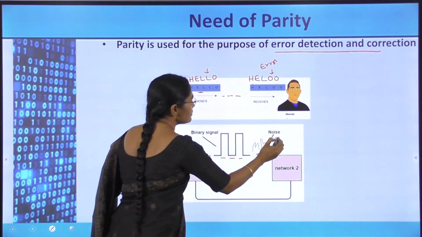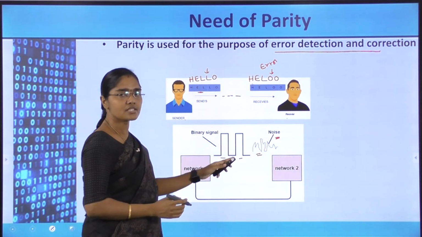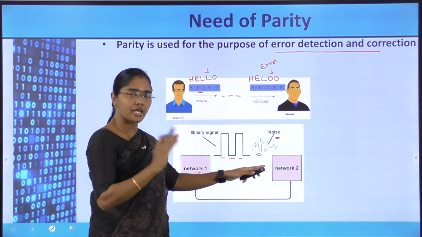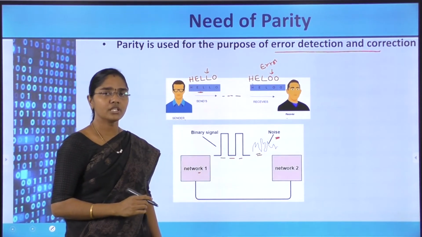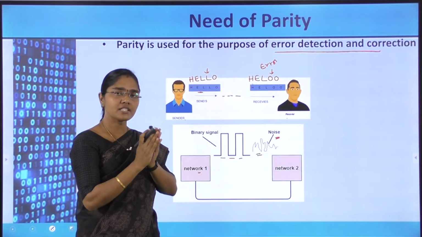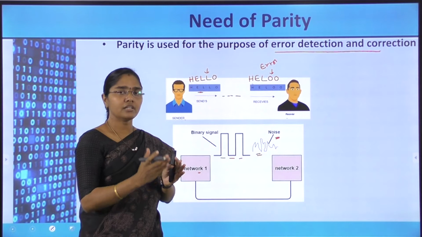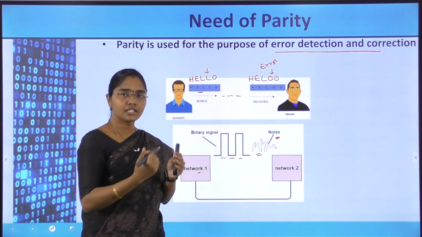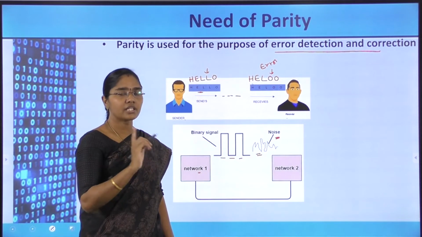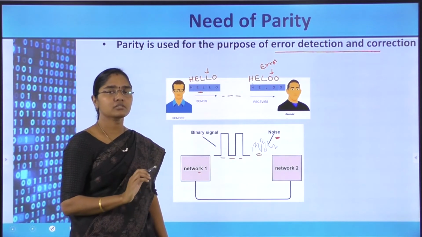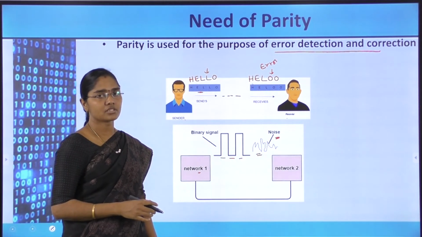So, because of the noise present in the channel, the actual signal is changed and error occurs at the receiver. Once an error has occurred, knowing it is detection, and knowing that error and correcting it is called correction. That's why detection and correction are both important in our communication systems, in our day-to-day real life applications.